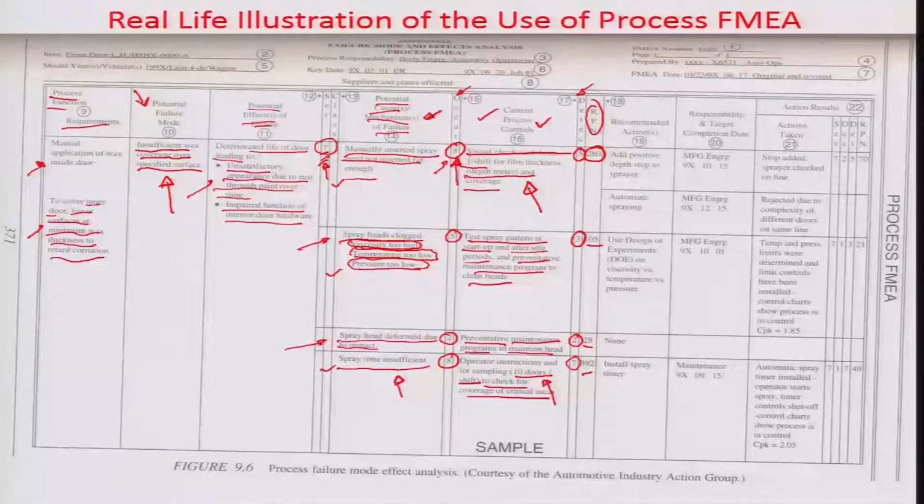So in a way, by controlling mostly the occurrences by proper countermeasure planning, the RPN should be reduced.